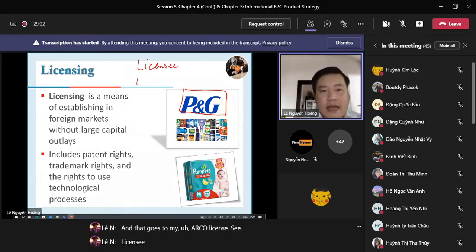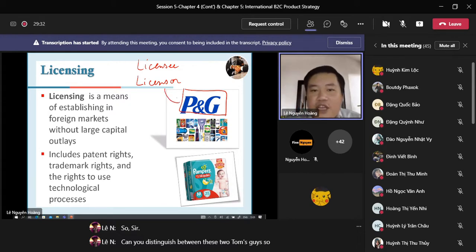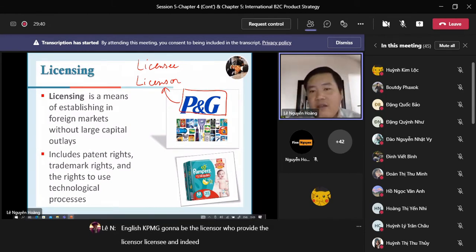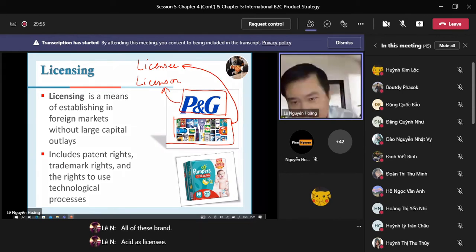Licensee and licensor. Can you distinguish between these two terms, guys? In this case, P&G is the licensor who provides the license to the licensee, and brands such as Vicks, Braun, or Mr. Clean are seen as licensees. Is it clear? Yes. Okay.